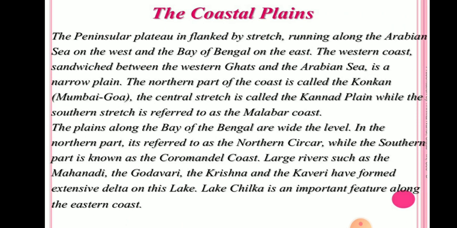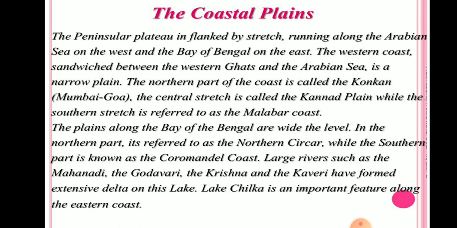The plains along the Bay of Bengal are wide and level. In the northern part, it is referred to as the Northern Circars, while the southern part is known as the Coromandel Coast. So we have two divisions of the coastal plain on the eastern side. Large rivers such as the Mahanadi, Godavari, Krishna and Kaveri have formed extensive deltas on this coast.